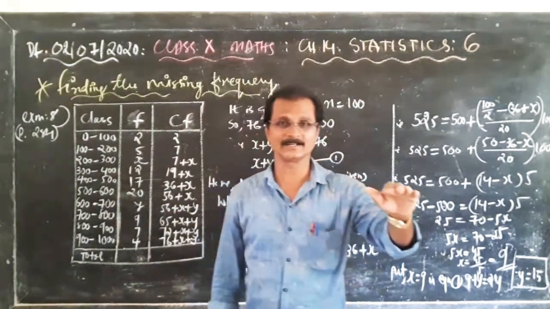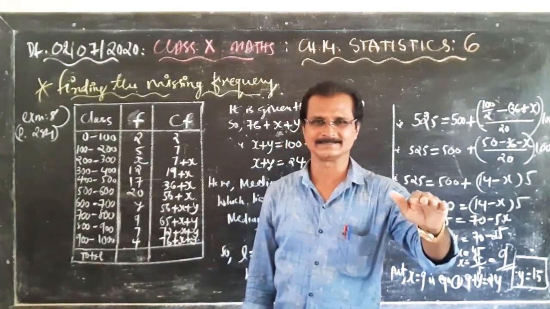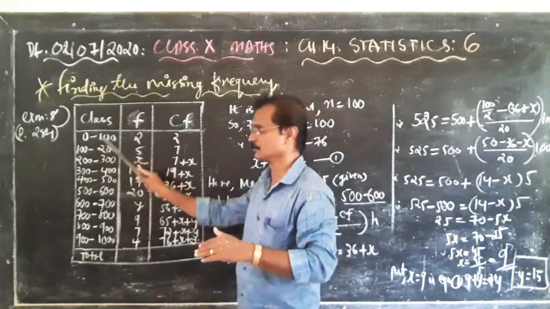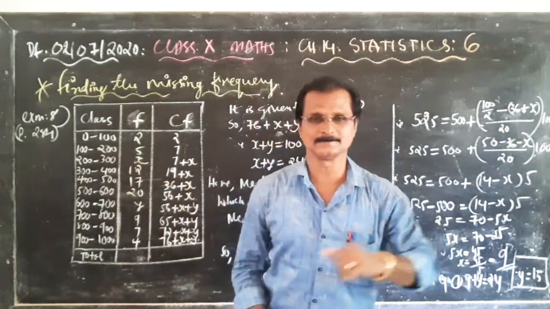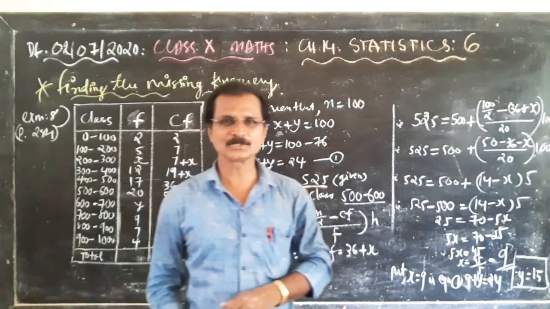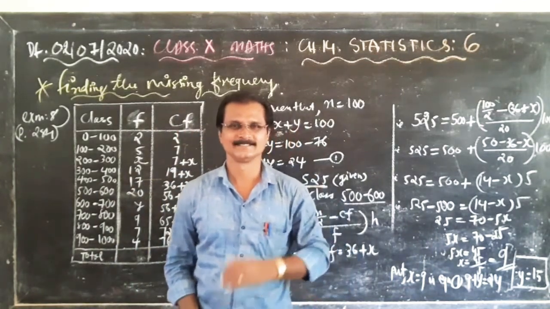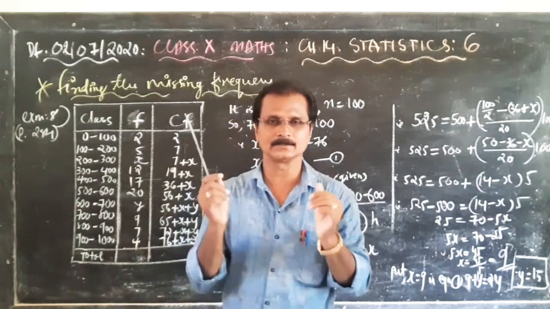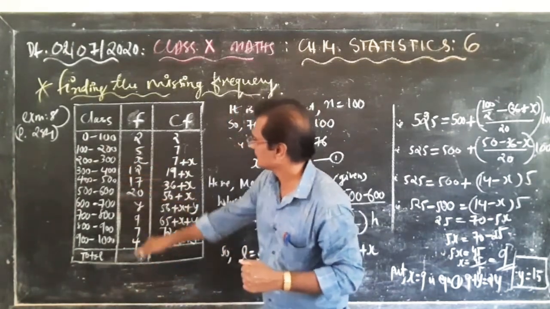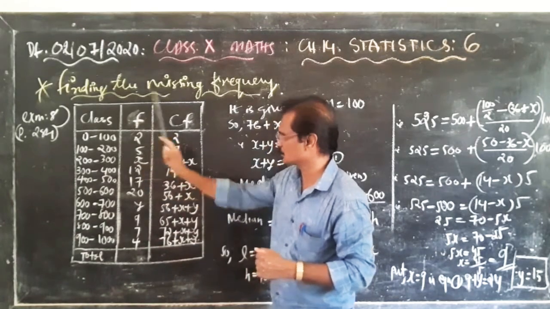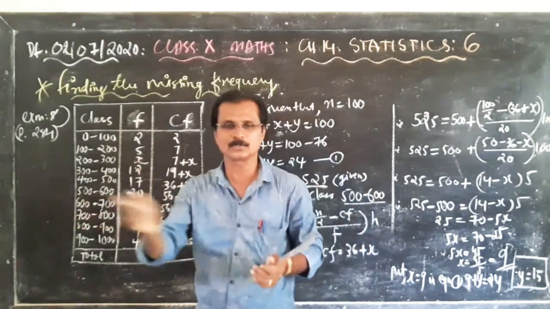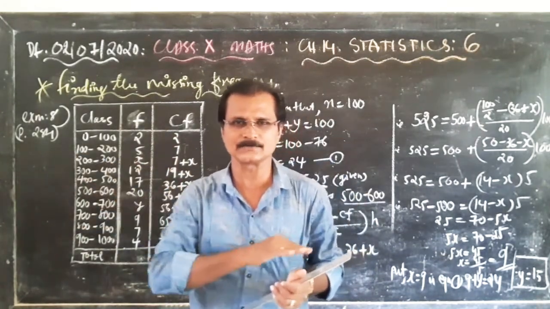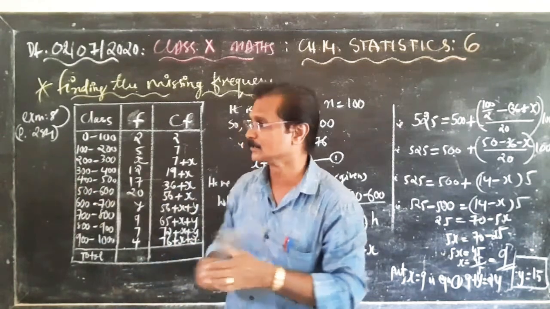What is the class interval? It is 100. 0 to 100, 100 to 200, again the class interval is 100. So you can see a common class interval.